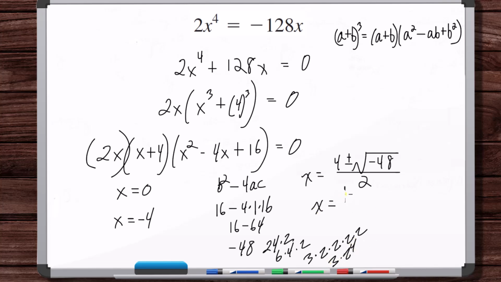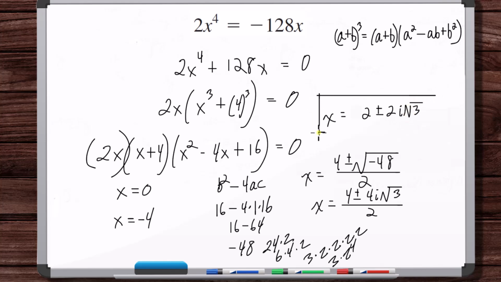So we've got minus 4 plus or minus, and we can take out a 4. So 4i root 3 over 2. So x is equal to minus 2 plus or minus 2i root 3. And there's more solutions.